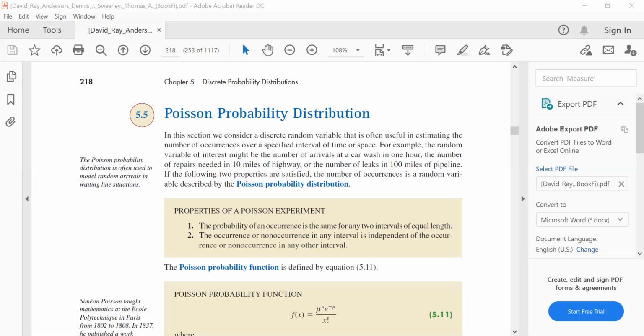The occurrences are always considered with respect to an interval. In the example of the washing machine, the interval is 1 minute.